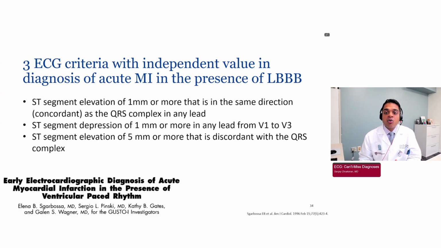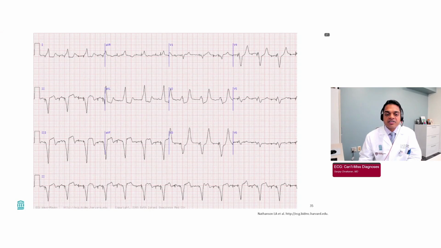As we talked about, concordance is unusual in a normal, uncomplicated left bundle branch block. 2, ST segment depression of 1 millimeter or more in any lead from V1 through V3, because they should be upright or elevated in those leads when uncomplicated. And 3, when you have dramatic ST elevation that's discordant, as seen in this case. So we'll show this case again, and what you see here is this dramatic 5 millimeter discordance in the inferior leads.